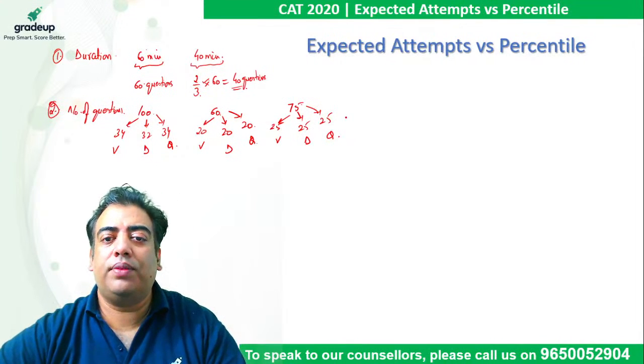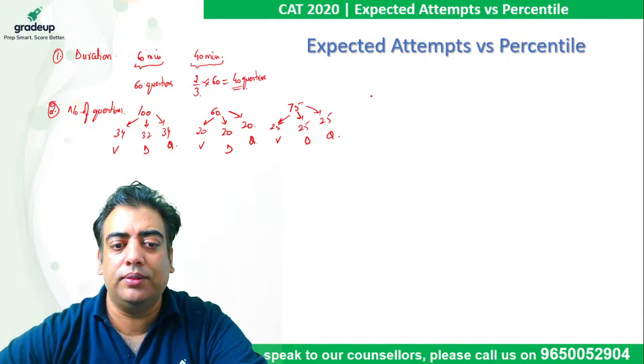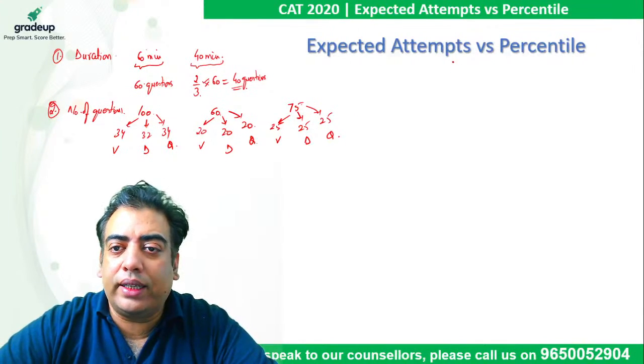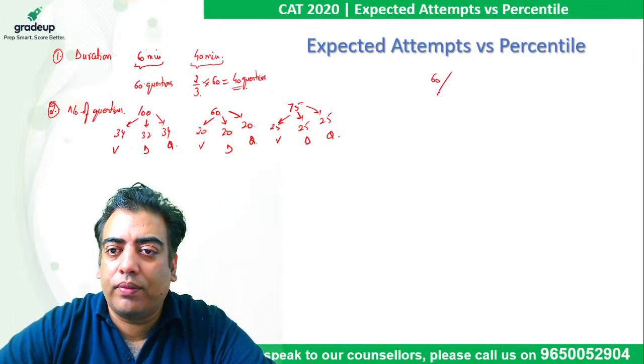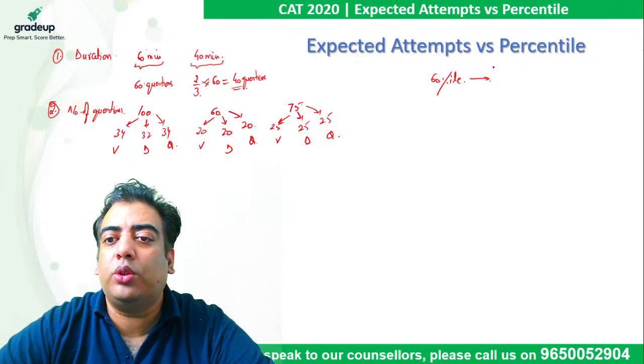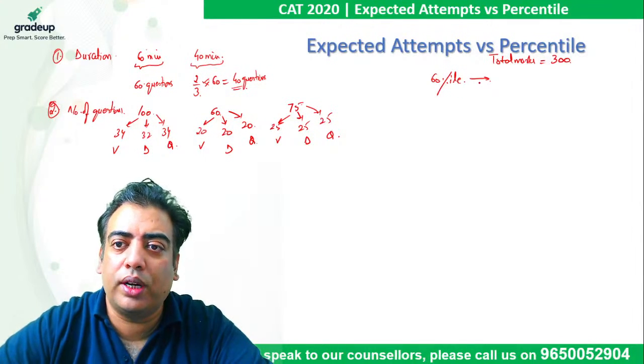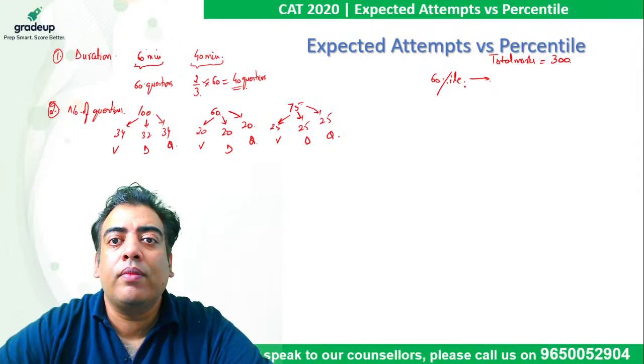So now let's have a look at the data which we took out from previous year. So if we are targeting 60 percentile, right? So previous year, when your total marks were 300, so I am talking about overall percentile, please keep that in mind, right?